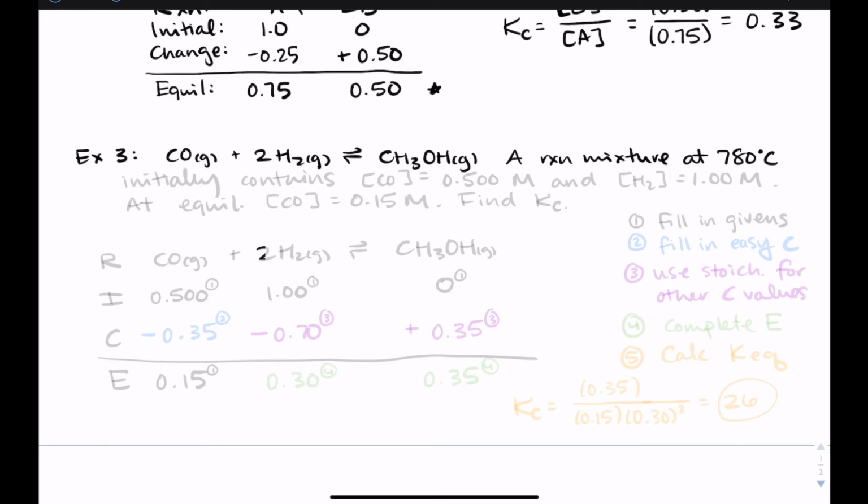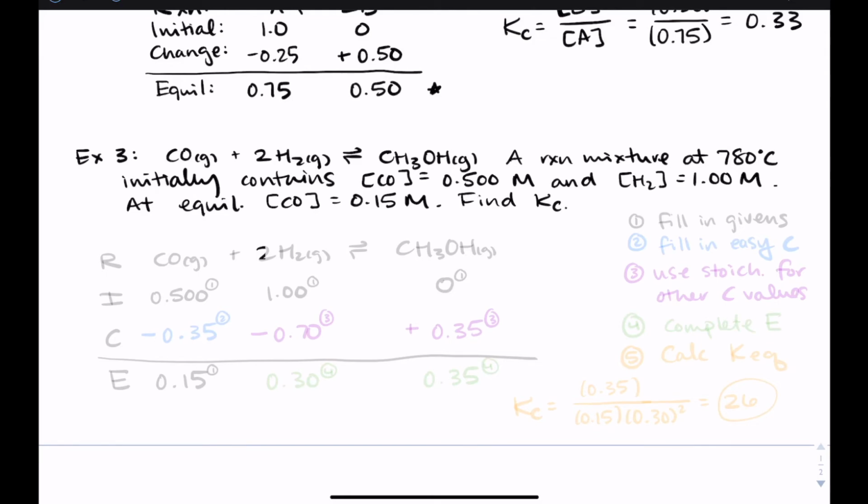If you have a reaction mixture at 780 degrees C, it initially contains 0.5 molar carbon monoxide and 1 molar hydrogen gas. At equilibrium, the carbon monoxide is 0.15 molar. We've been asked to find the Kc. So, the concentrations, great. We have concentrations. Awesome. We don't have to do anything there.